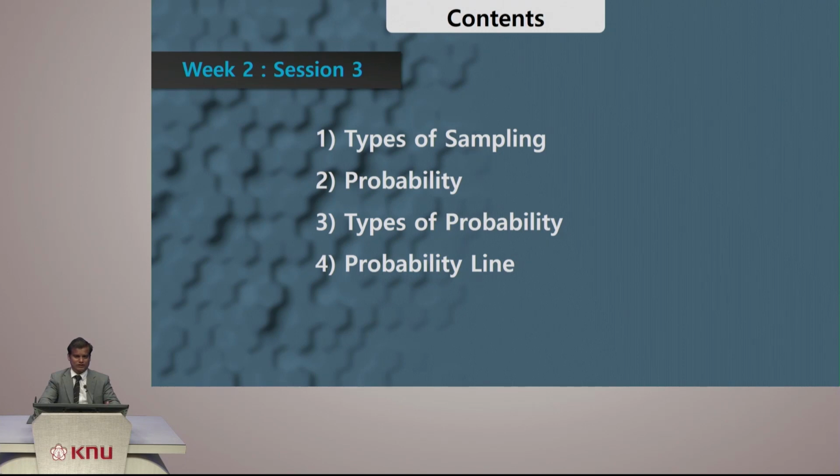So this is what we have for today's discussion. We are going to talk about what a sample or what sampling is. Then we will discuss different types of sampling. Later on, we will see what probability is and what the types of probability are in general.